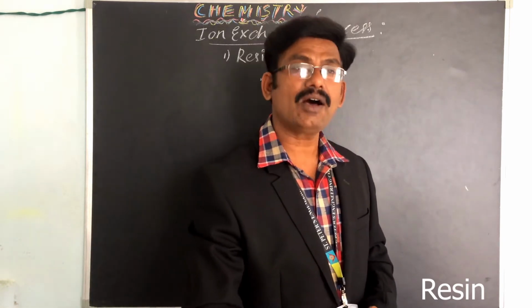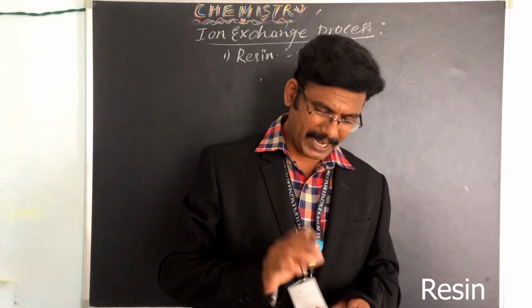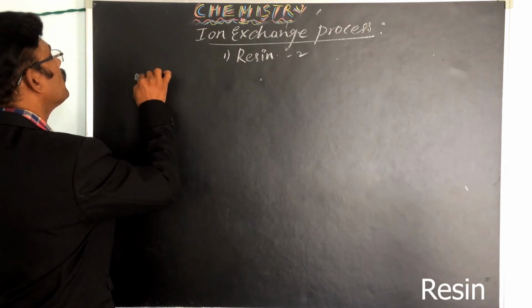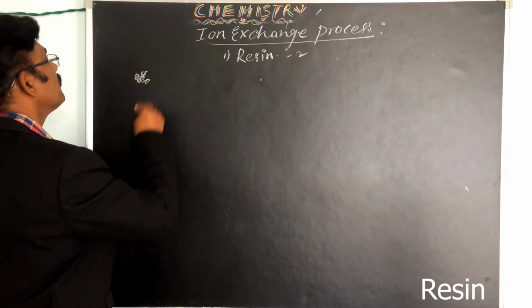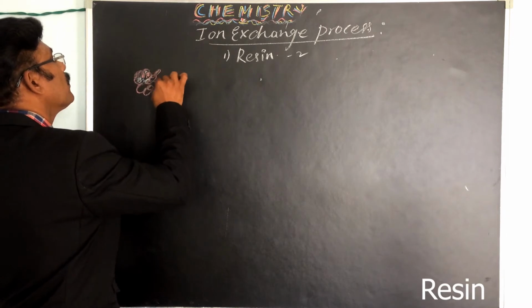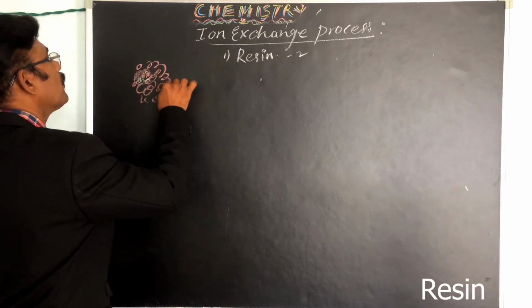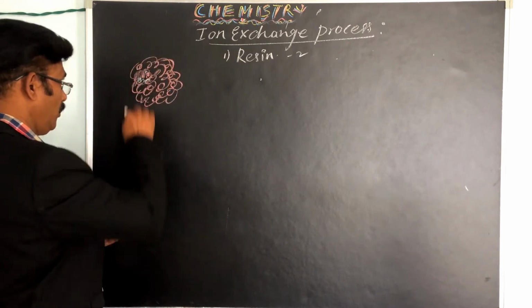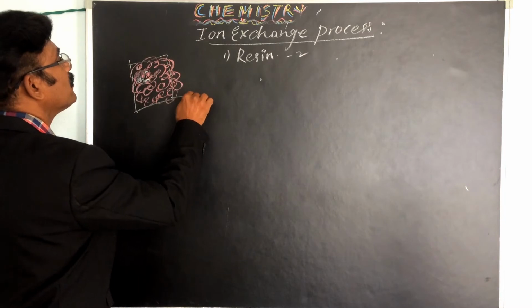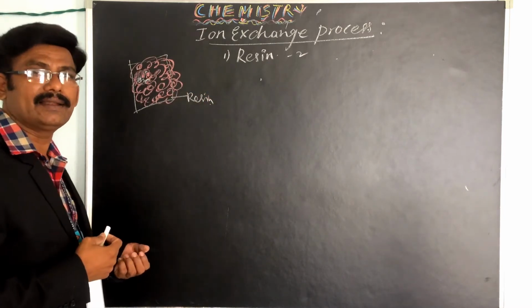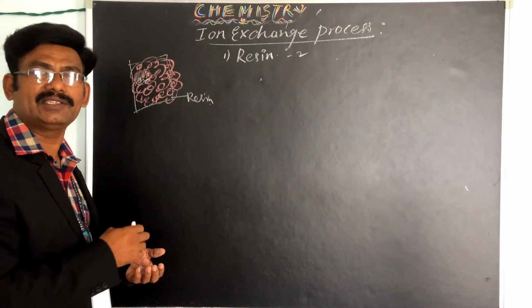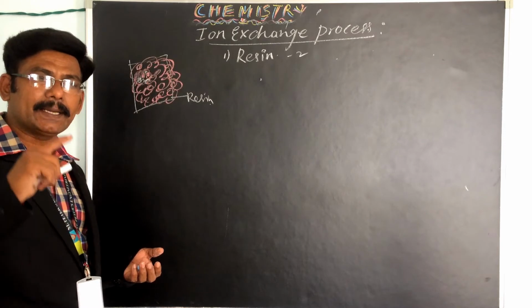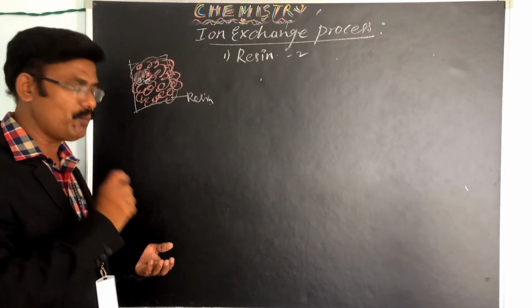For example, resin looks like this, but in this, what is there? Cross-linked long chain organic polymer with microporous structure.